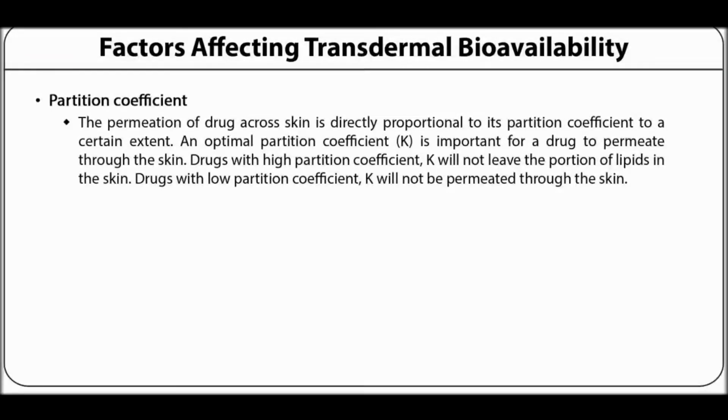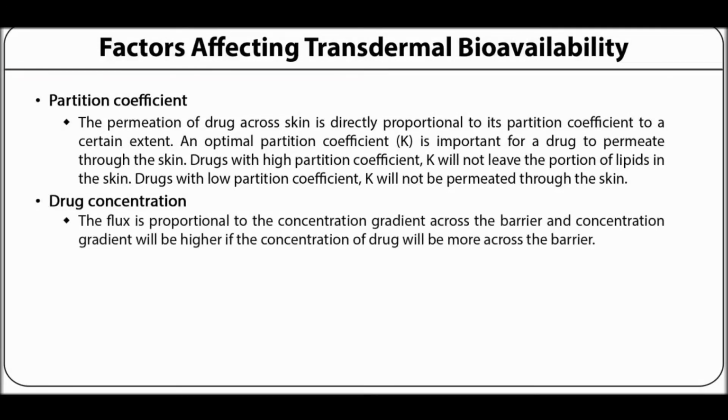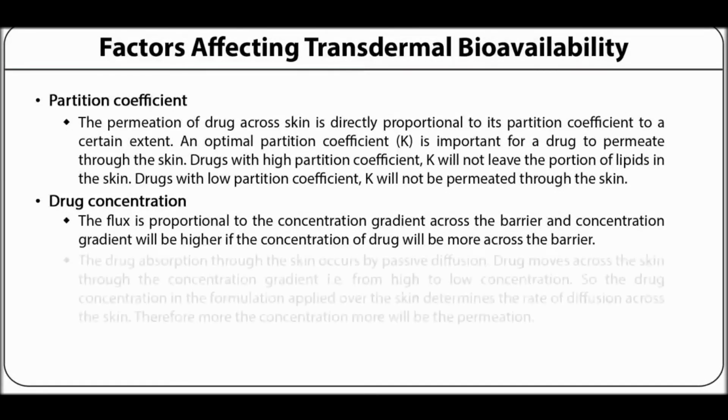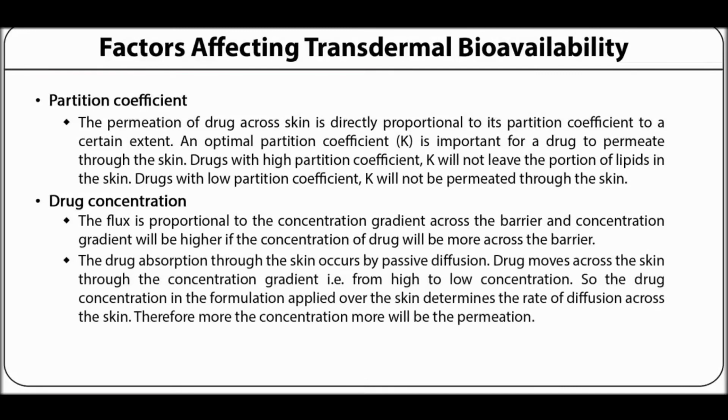The next factor in line is the drug concentration. The flux is proportional to the concentration gradient across the barrier, and concentration gradient will be higher if the concentration of drug is more across the barrier. The drug absorption through the skin occurs by passive diffusion.